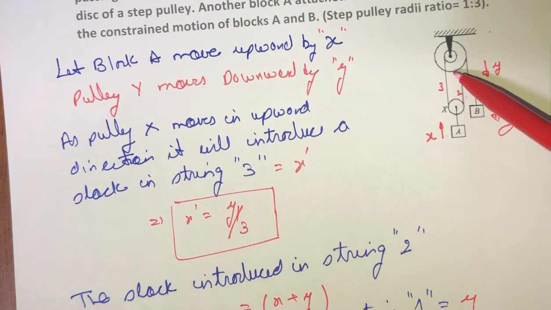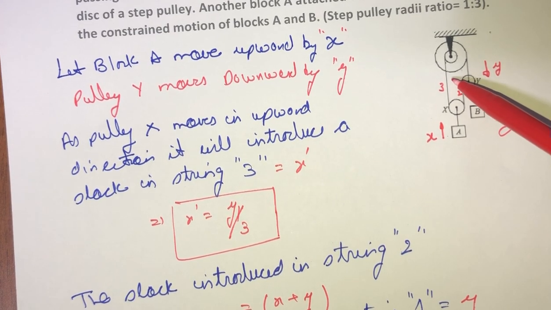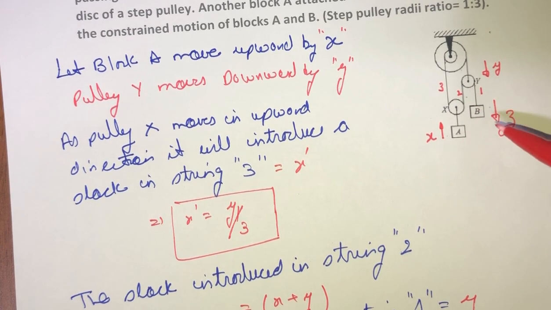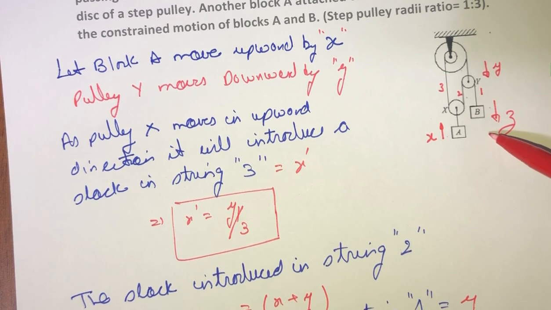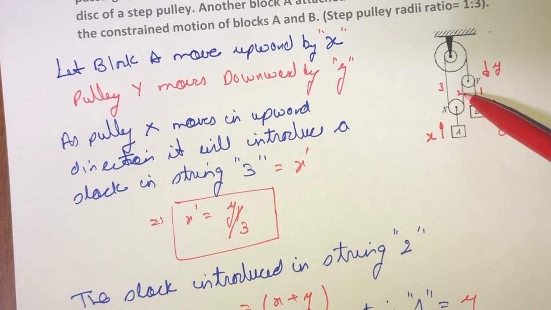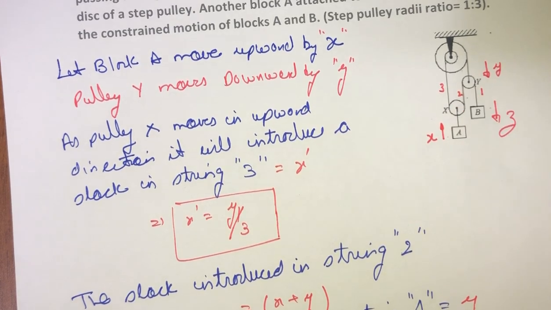Now we want that this string should have no slack, and it should be perfectly tight. So under this condition, the total displacement z should be equal to the summation of the individual slacks of strings number 1, 2 and 3.